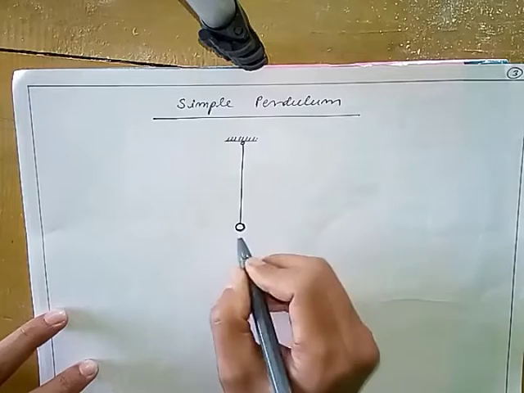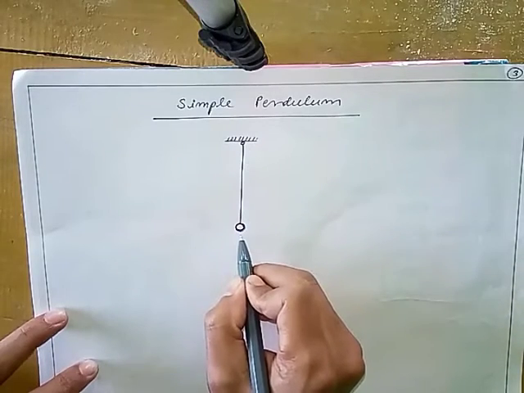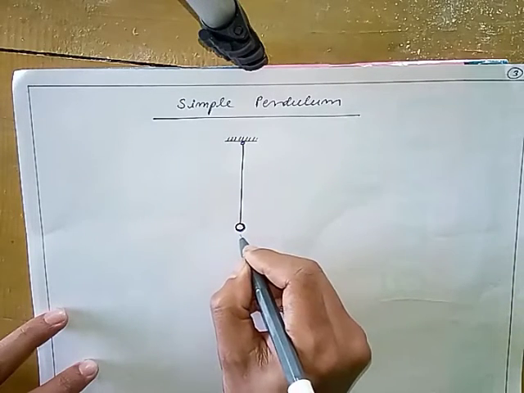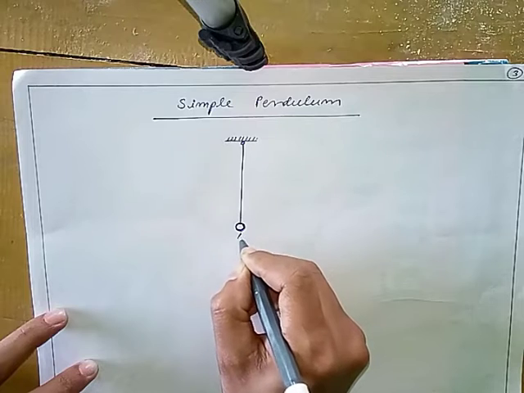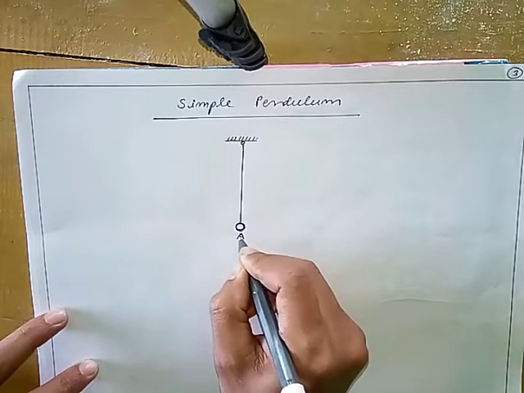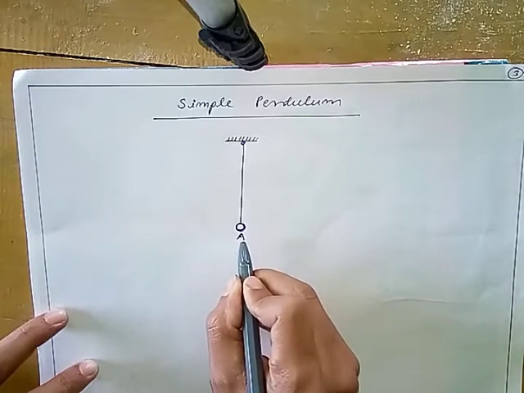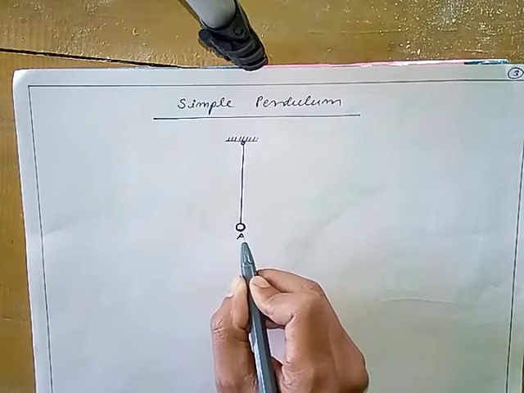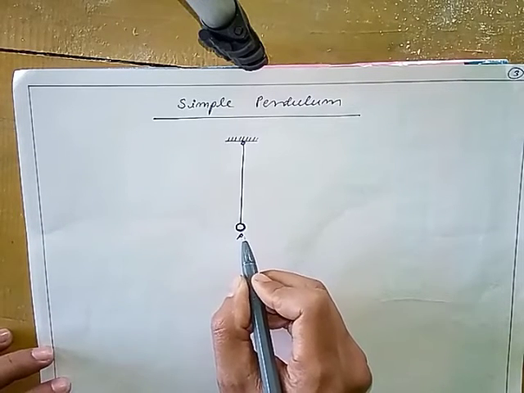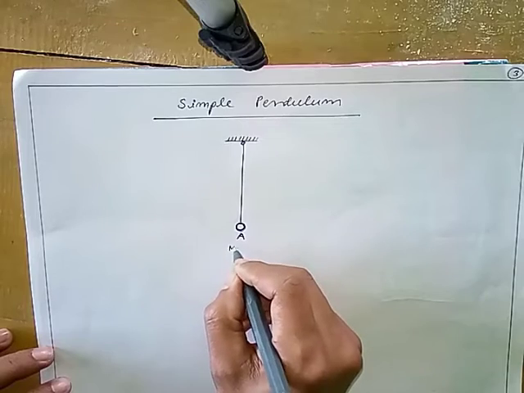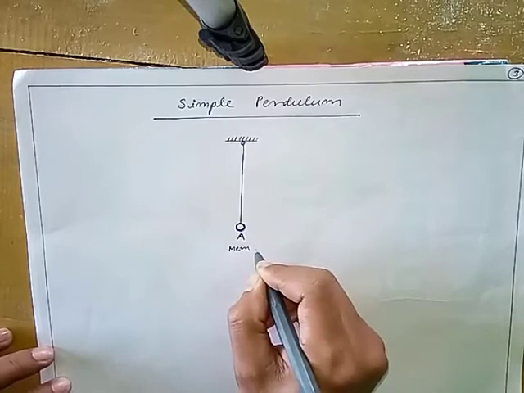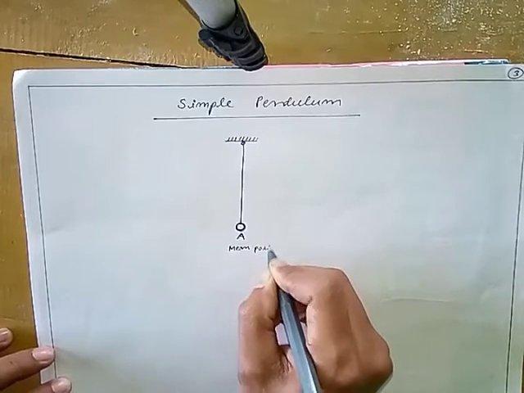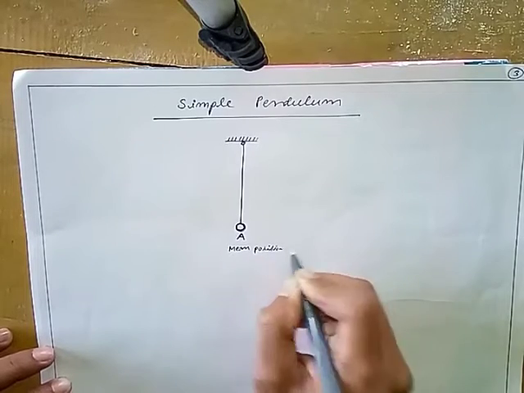And this rest position, suppose we name it position A, and this position at which the pendulum is at rest is known as the mean position.